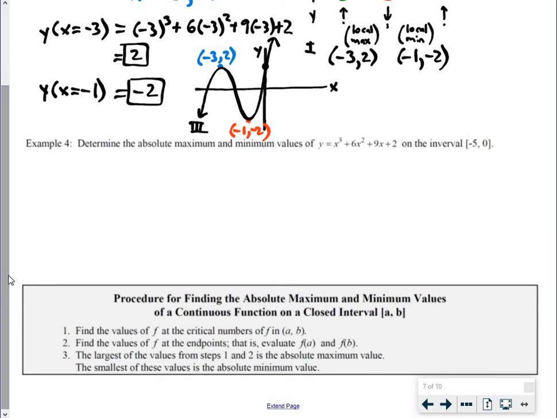Next, same function, determine the absolute max and min values of the function on this interval. So we're just restricting our attention to between negative 5 and 0. In addition to the local max and local min identification, which we've already done, and are important to consider, we're also going to look at the end behavior on the interval.